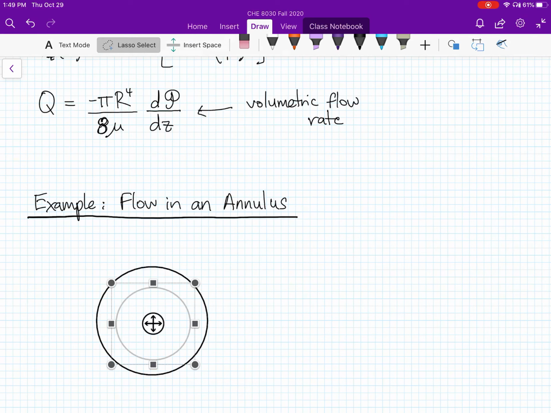Try to get that as symmetrical as possible. That's good enough.